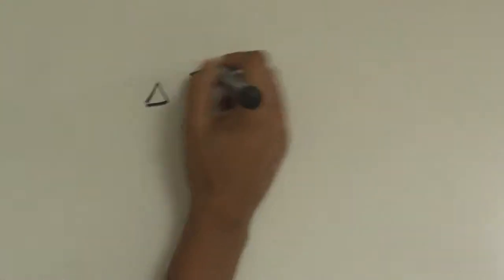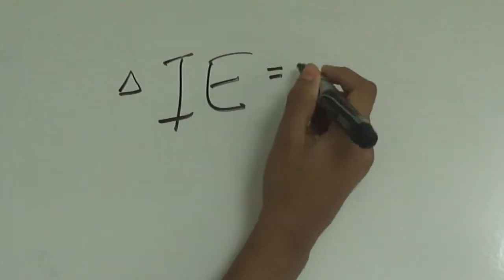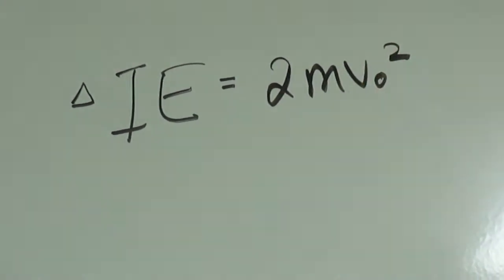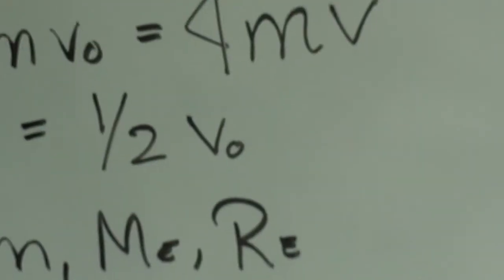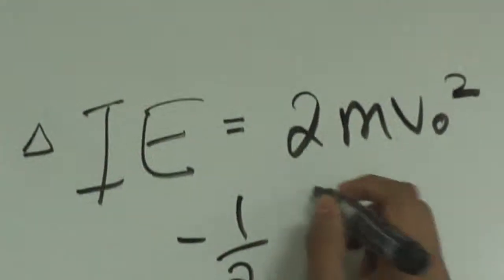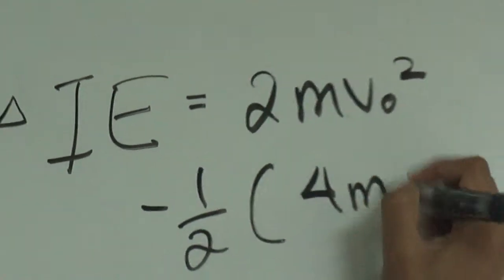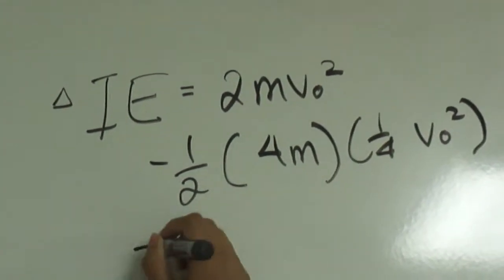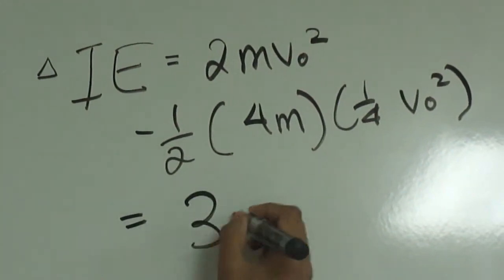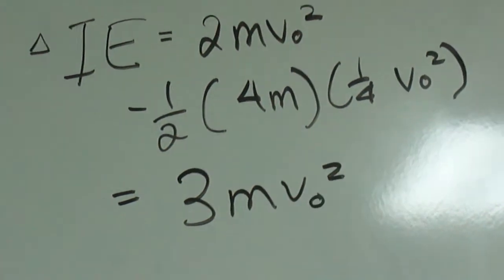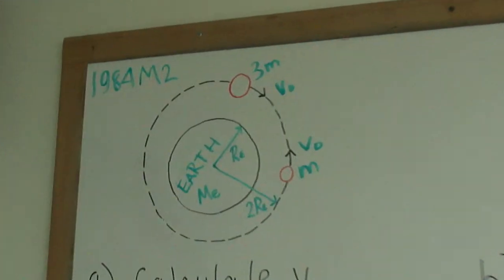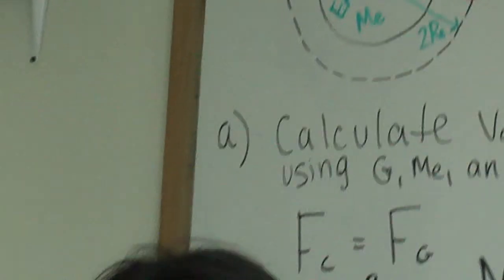So taking that formula up here, we get that the change in mechanical energy is equal to 2m v initial squared, just by adding those up, minus 1/2 times 4m times 1/4 v initial squared, and when we add that all up, we get 3m v initial squared. And that is the total mechanical energy that's used when the satellites collide. And that's all.